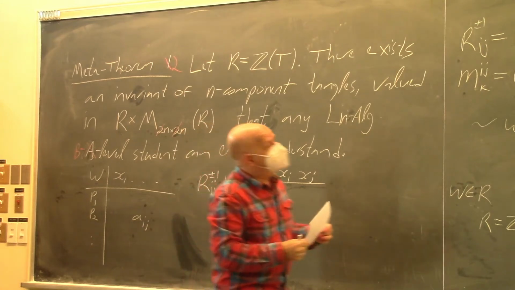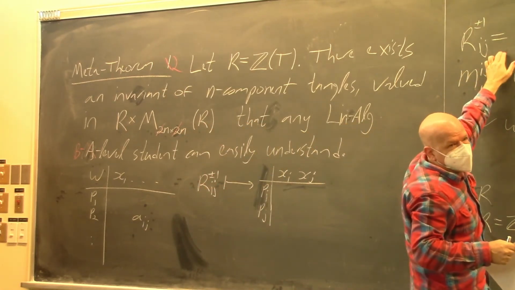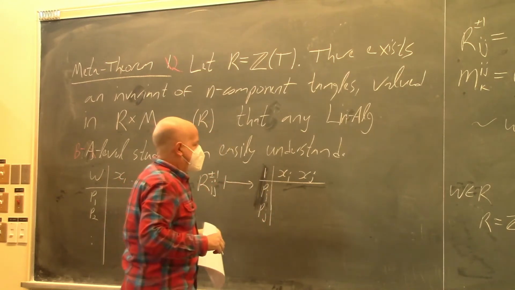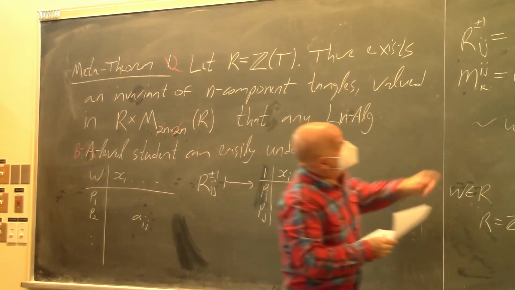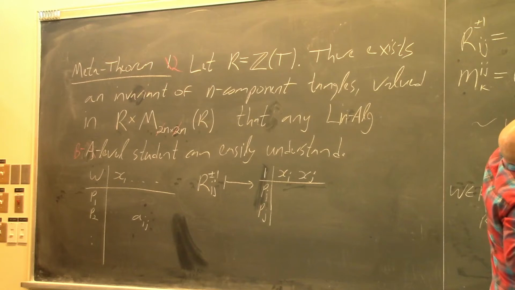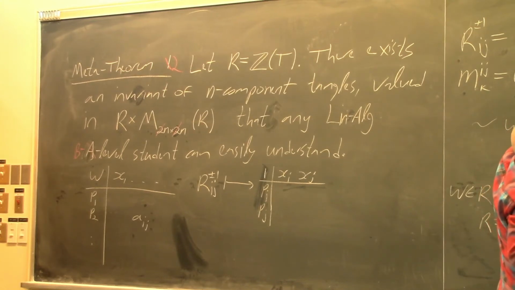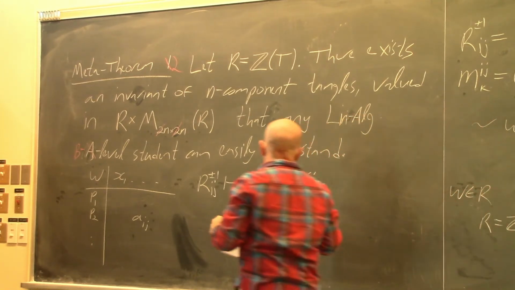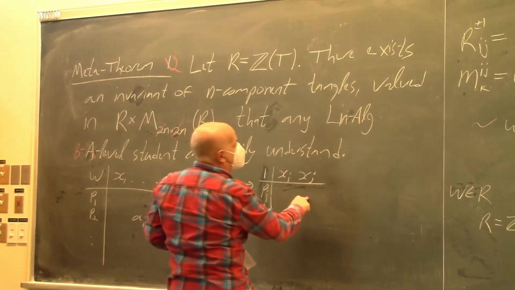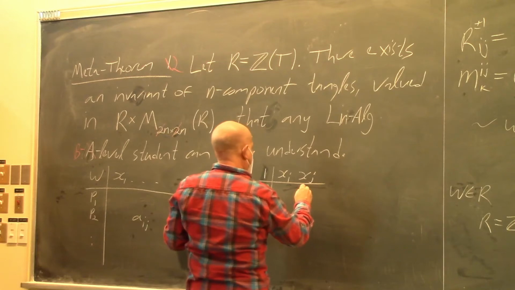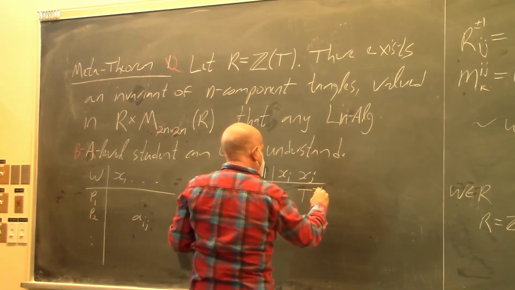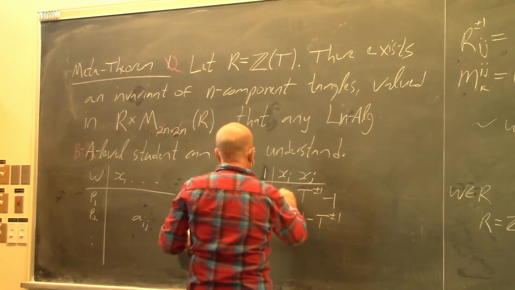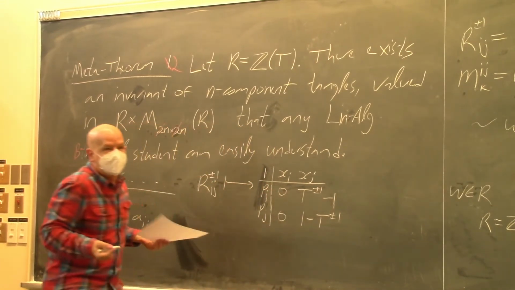The coefficient is 1, the prefactor is 1. And the terms of the quadratics are p_i x_j with coefficient t to the plus or minus 1, minus 1. So this is t to the plus minus 1 minus 1. This is 1 minus t to the plus minus 1. This is 0 and this is 0. Okay?